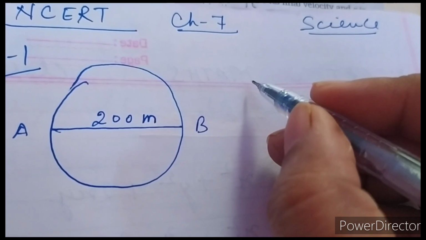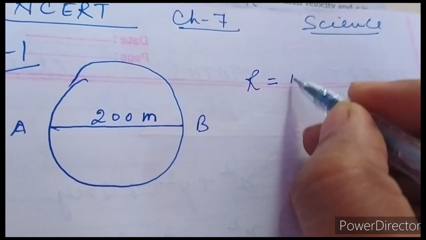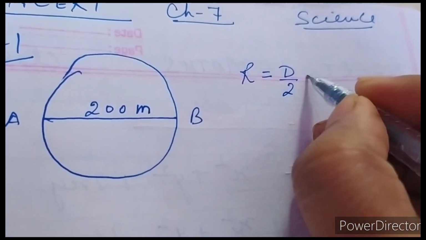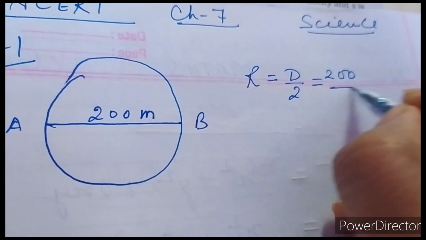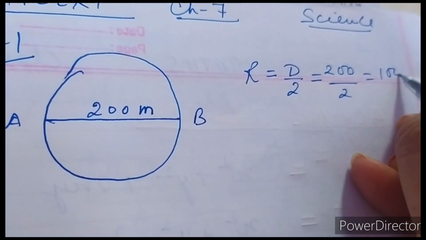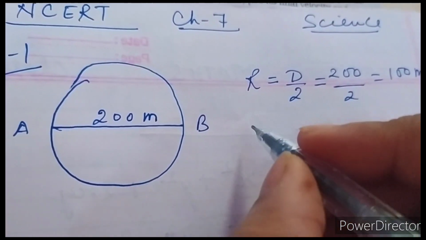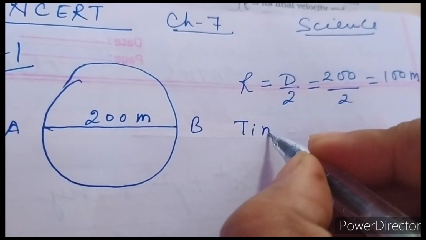So obviously firstly we'll find the radius. So radius will be equal to the half of diameter, that is equal to 200 divided by 2, that is equal to 100 meter. Now the time taken to complete one round has been given.